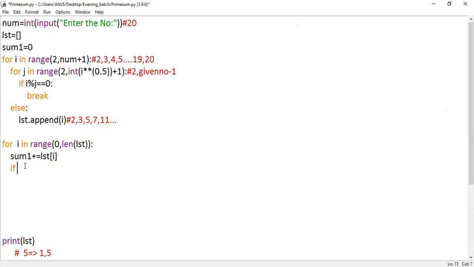So I can check whether my sum1 is less than or equal to the given number. Each and every time you do the summation and check with the given number whether it is lesser. If it is lesser, you can check whether this sum is a prime number or not.